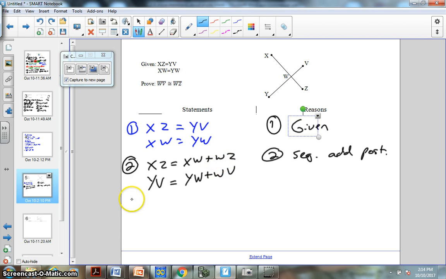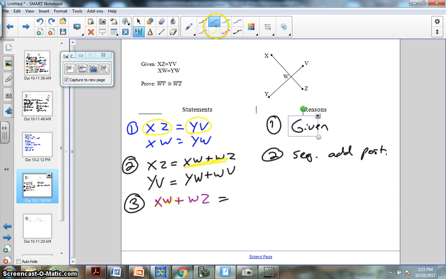So now my next step is I'm going to start trying to solve that or create an equality between them. So one easy place I see to do that is right here. XZ and YV. I know XZ is equal to that, so I'm going to replace it with that. XW plus, you guys can't see that. XW plus WZ.